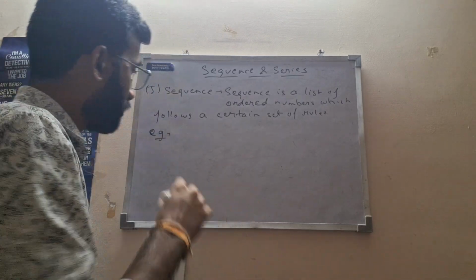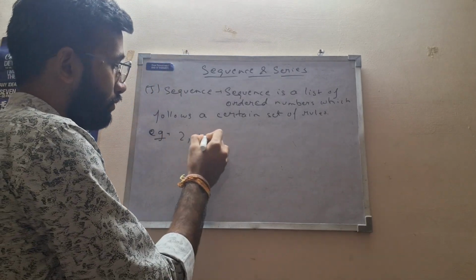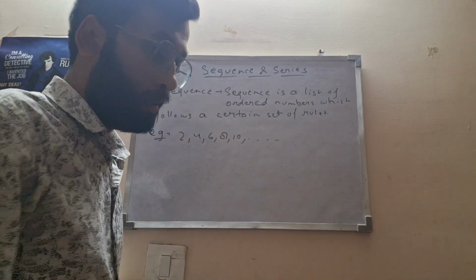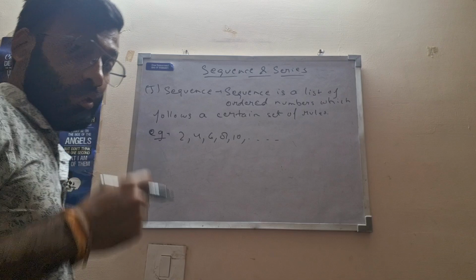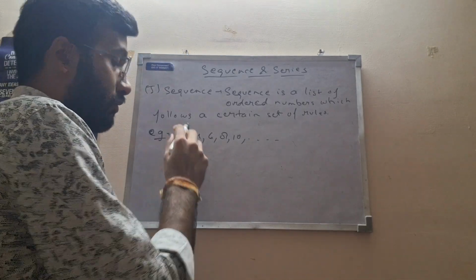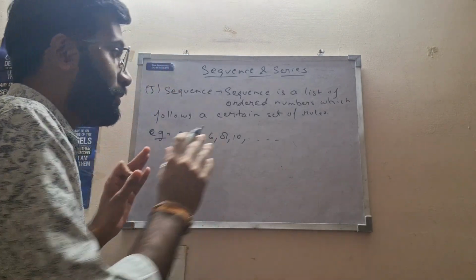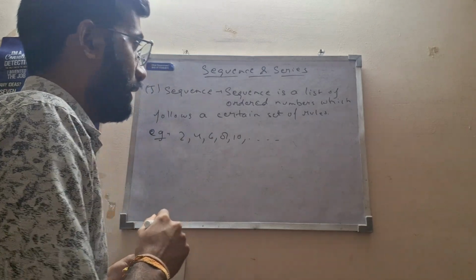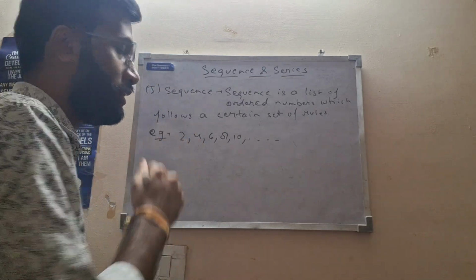Suppose we have a list of numbers like 2, 4, 6, 8, 10 and so on. Then how is it a sequence? We have learned that a sequence is something which follows a certain set of rules. What pattern or rule is it following?